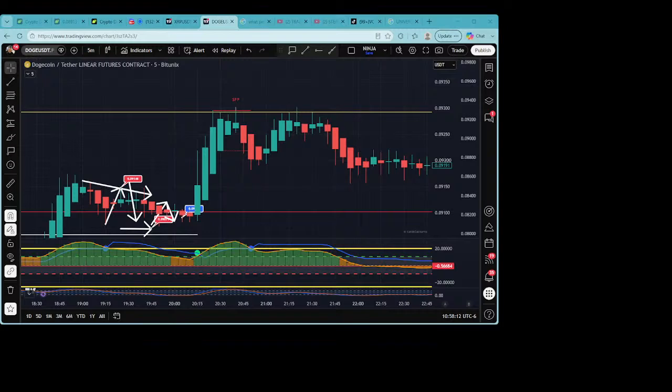The problem is if I go to the layout, I can switch layouts, but screen orientation can't be changed when you're live and recording. What I can do is grab this and make this bigger. Is that better for you?